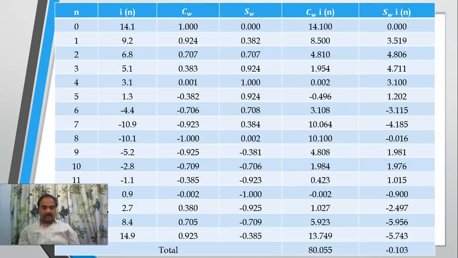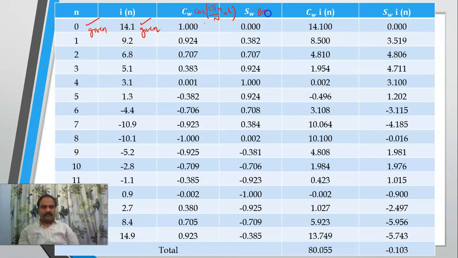Now I'll show you. I have done this one. These two are the data which is given for me. In this case, this is cos 2 pi n by N into k, where k is 1 and the N value is 16. The small n value will be varying from 0 to 15.